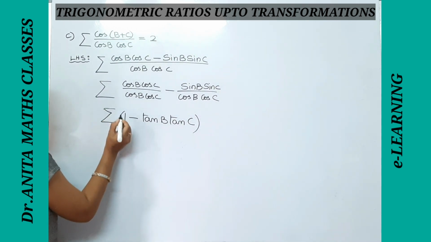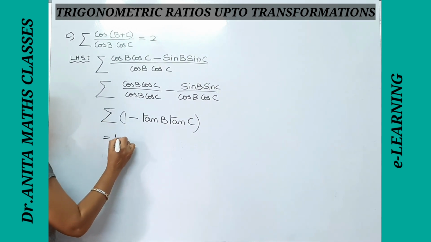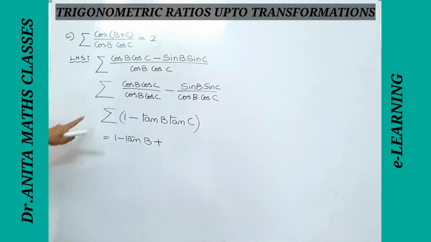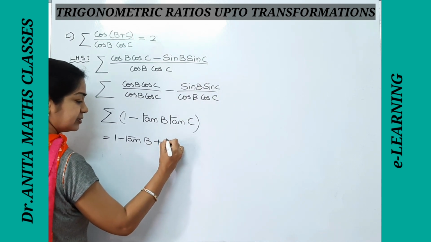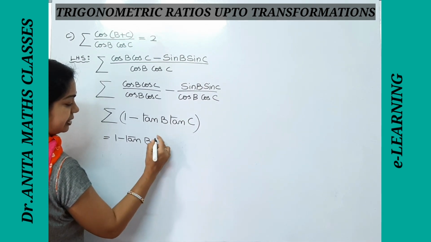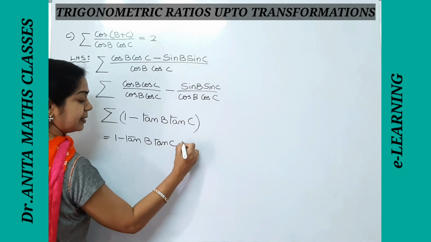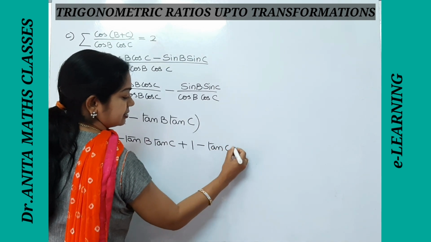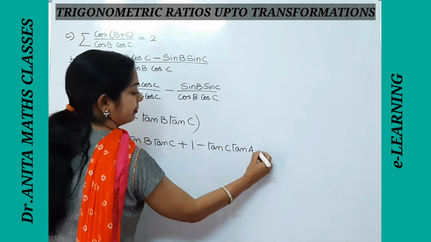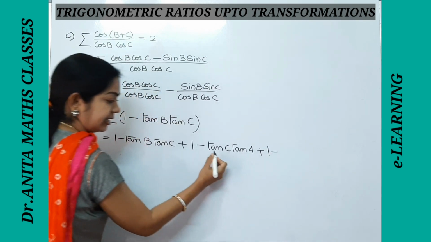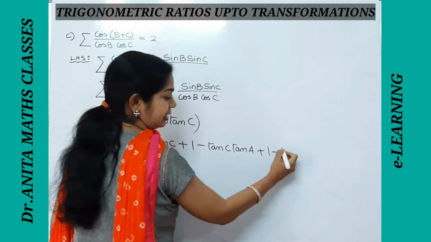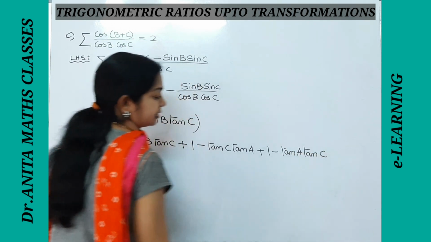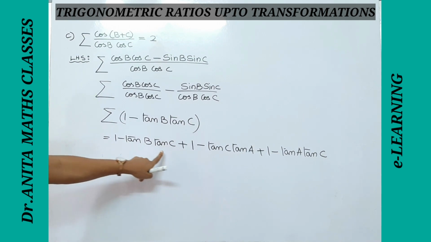We will open the summation. The summation is nothing but 1 minus tan B tan C plus, it is the sigma, so that is 1 minus tan C tan A. So this is cyclic, that's all. Plus 1 minus tan A tan B. Right, this forms the summation part.